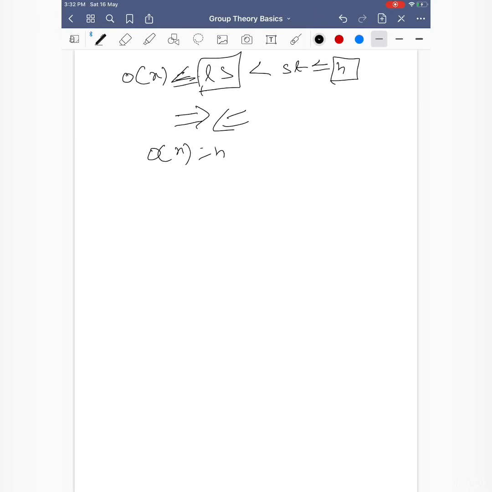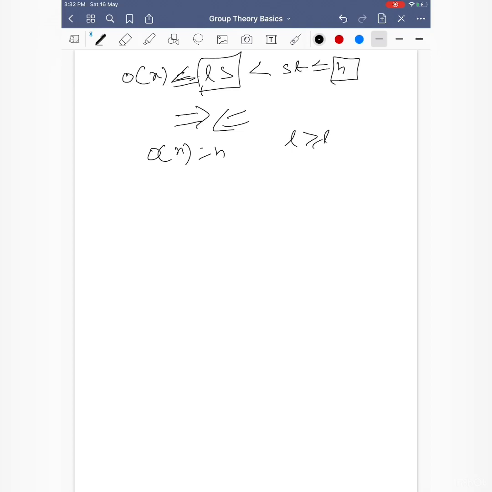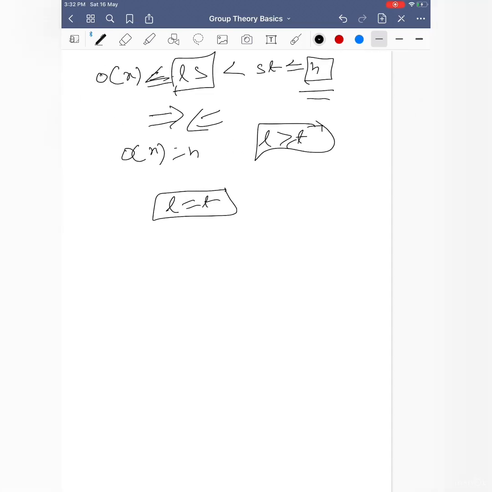Now we produce another minimal guy, which is not possible. So L must be greater than or equal to t. Otherwise, if it is less than t, it will be a huge problem to the n. So L must be t. So we are done. Okay.